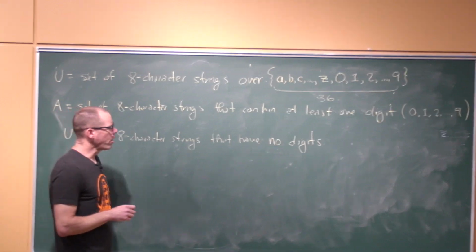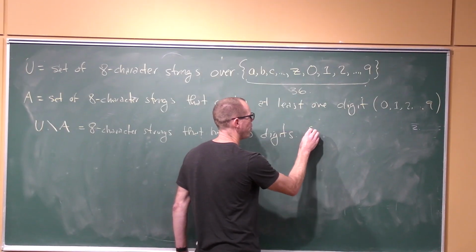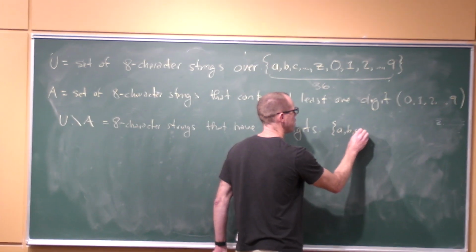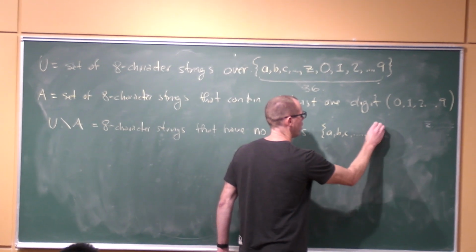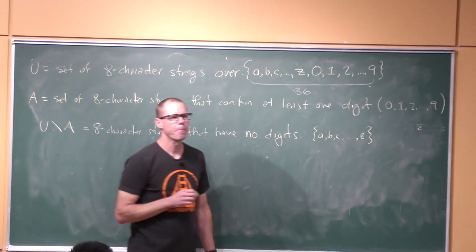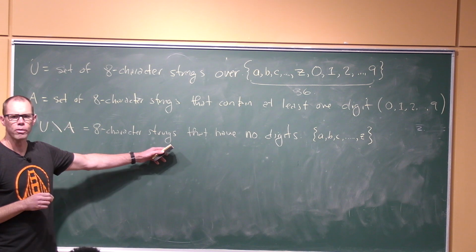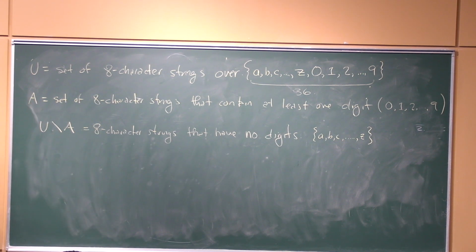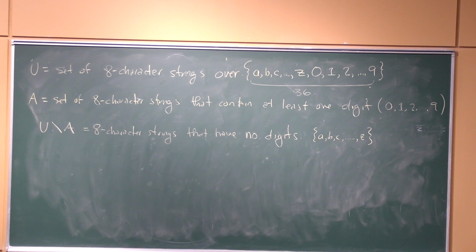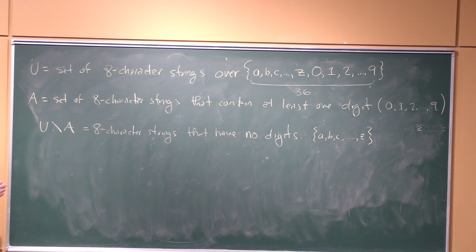But that's just 8-character strings over the alphabet A, B, C, up to Z. That's kind of a simple thing to count, right? So let's figure all these things out.